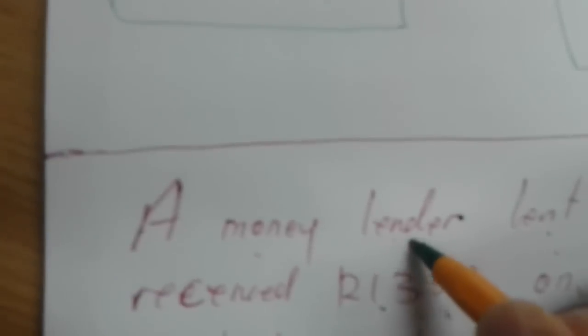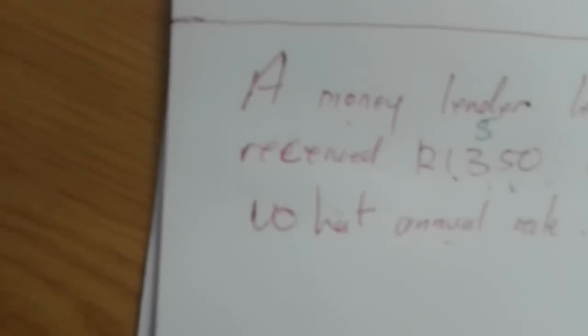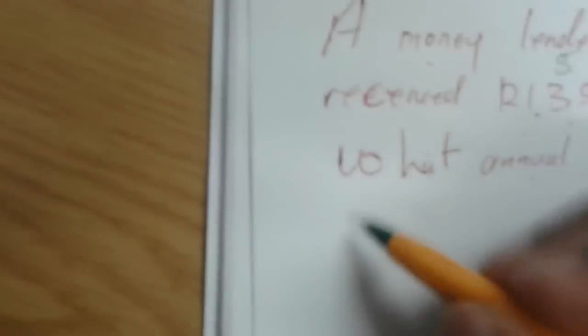So obviously, it is the amount at the beginning, or the principal amount, or the initial amount, whatever you want to call it. So obviously, this is our A. And in settlement, received 1,350. Obviously, this is our S. Immediately you see this, you remember that the difference between my A and my S is my big I. So without being told, you can now easily calculate that interest, which is the big I, is equal to S minus A, right?